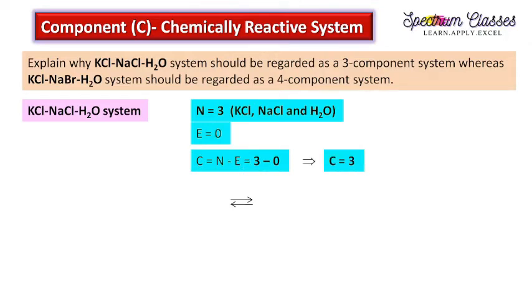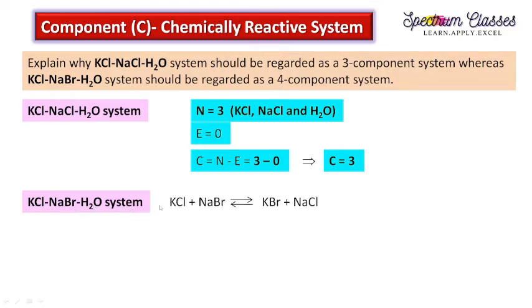This is simple. Now coming to the KCl, NaBr and H2O system. Here, does an equilibrium exist? Yes, there is one equilibrium, that is a double displacement equilibrium existing in these three species.